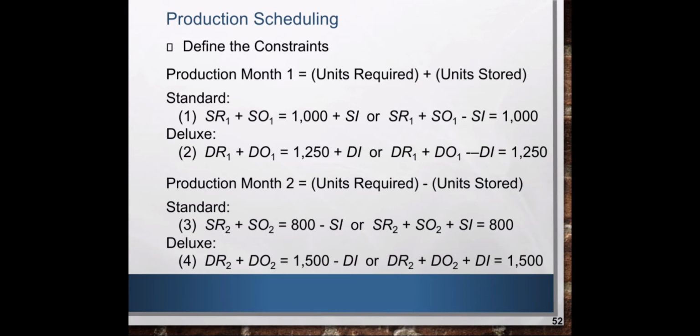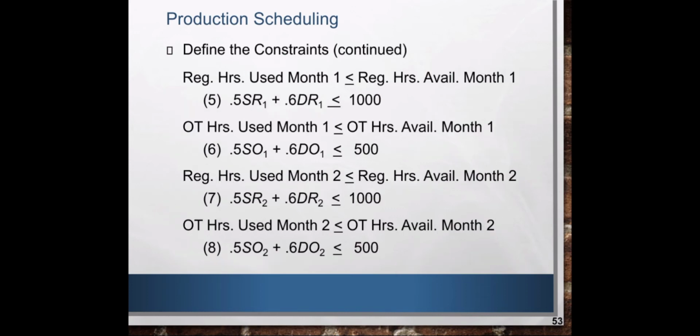So for standard it is 1,000 and deluxe is 1,250. The constraint for production of standard and deluxe wheels in month 2 is units required minus units stored. So for standard it is 800 and deluxe is 1,500.